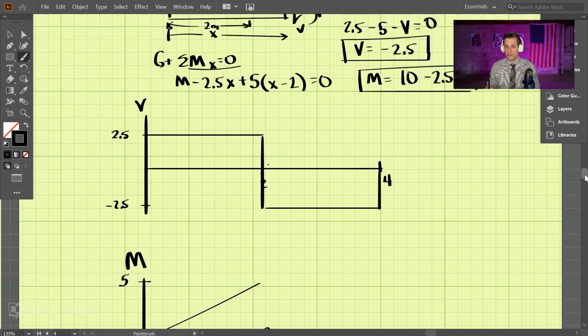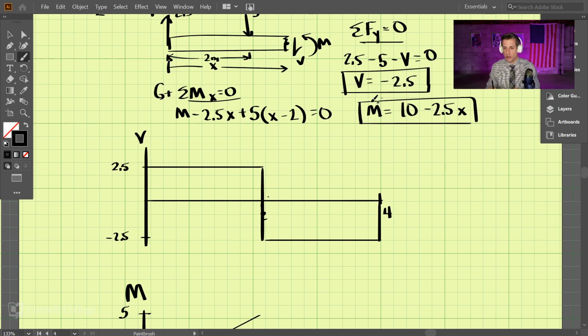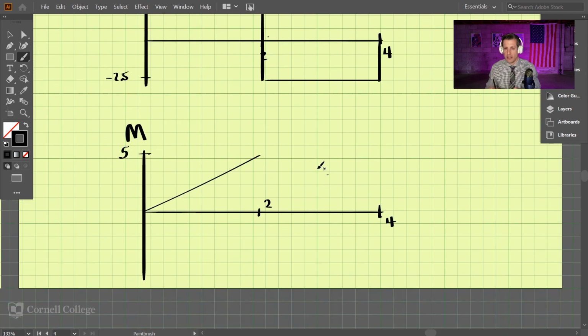And then from 2 to 4, we have this equation, 10 minus 2.5x. So if we put 2 into this equation for x, that's 10 minus 2.5 times 2, so that's 5. So it lines up right here at 5 at the value of 2.